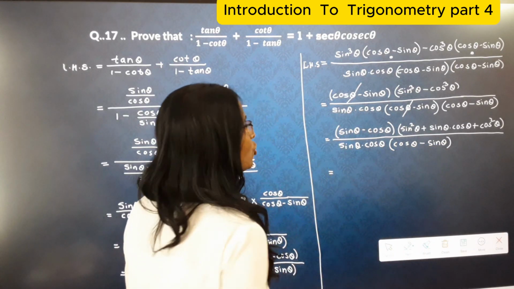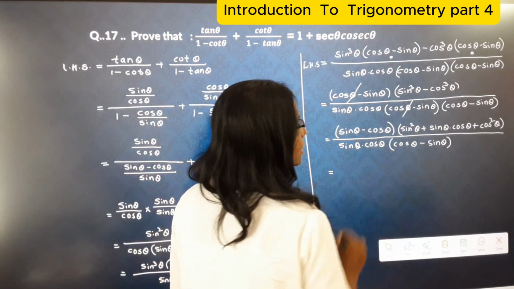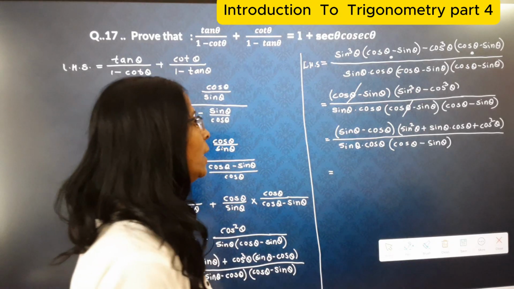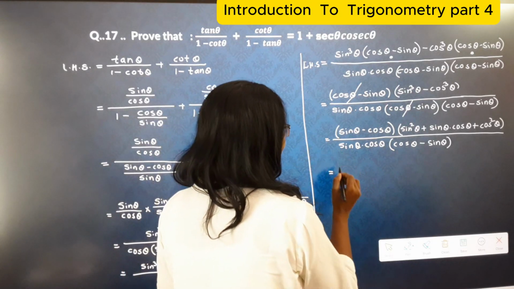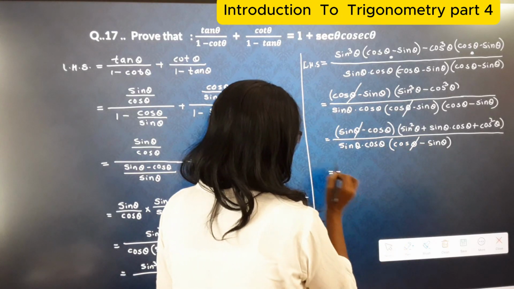Now, students, sin theta minus cos theta and cos theta minus sin theta will be cancelled out when we take the minus sign outside. I take the minus sign here.